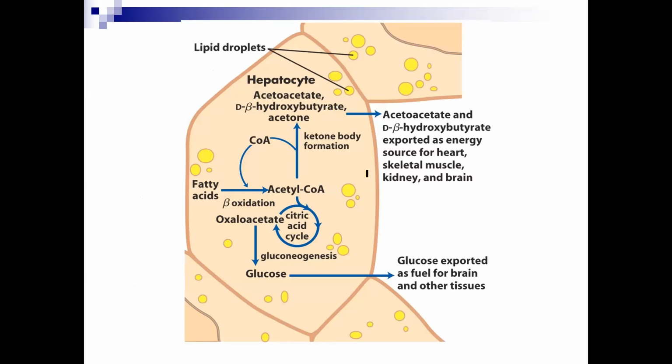And this is potentially a very dangerous situation because now your blood starts to run thick with ketone bodies. Those ketone bodies are organic acids. They drop the pH of the blood, and that is called acidosis, but because it's due to ketone bodies, it's called ketoacidosis. These ketone bodies also act as diuretics in the kidney.